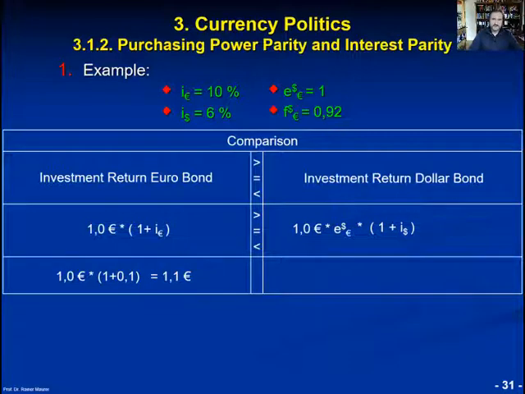Now we have to take care that we receive at the end of the year a dollar interest payment as a revenue, not a euro payment. Therefore, we have to convert this dollar payment into euro with the help of the forward exchange rate.